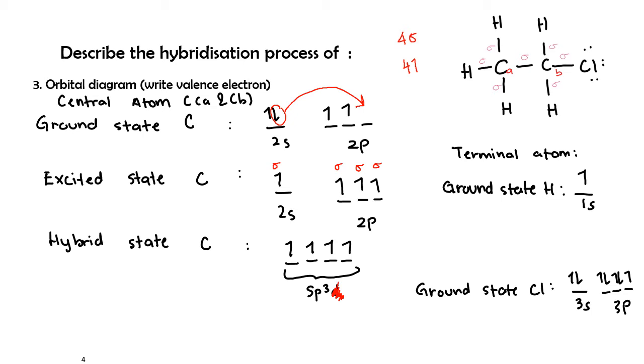And then for the terminal atoms, you just write the ground state of hydrogen because you have hydrogen as the terminal atom here, 1, 2, 3, 4, 5 hydrogen atoms. And then you also have chlorine as your terminal atom.